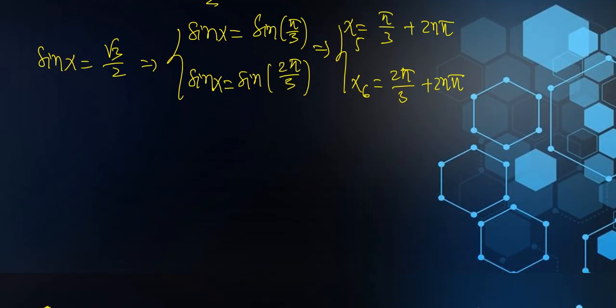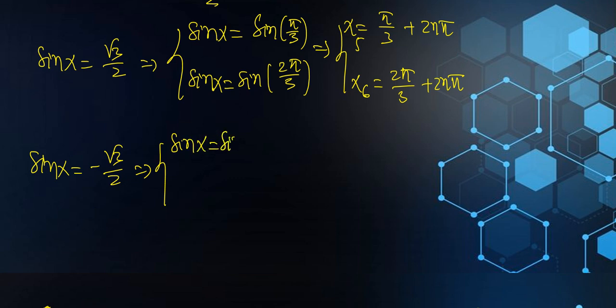And then for the second one, for sine x equals negative square root of 3 over 2, we're going to have sine x equals sine of 4 pi over 3, and then again, sine x equals sine of 5 pi over 3.